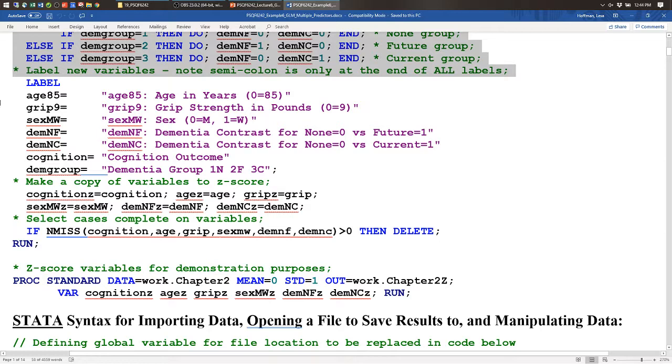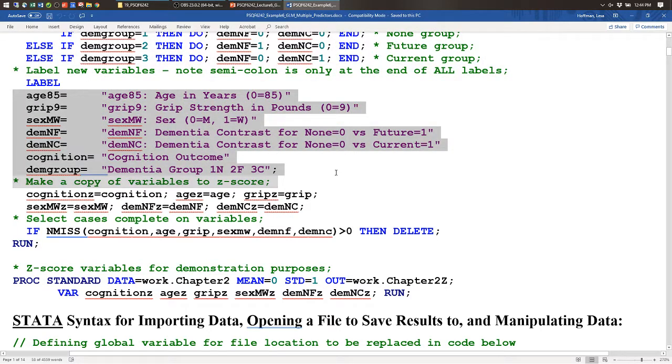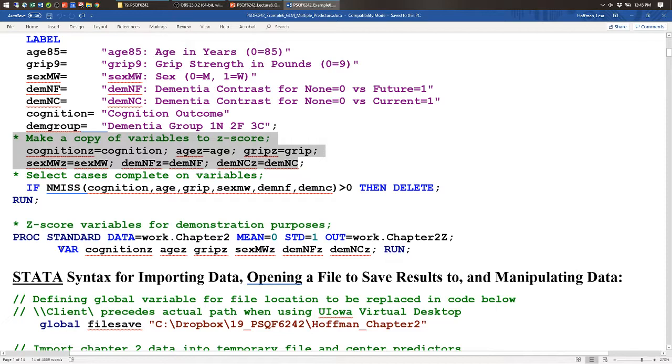Making sure that I do my due diligence in labeling everything here. For demonstration purposes, we're going to look at a model with z-scored versions of the variables, so I made copies of those because PROC STANDARD overwrites the variables, and I wanted to save the originals and have the z-score versions. Do you remember what this part right here is for?